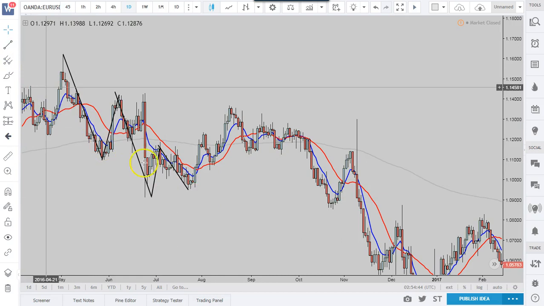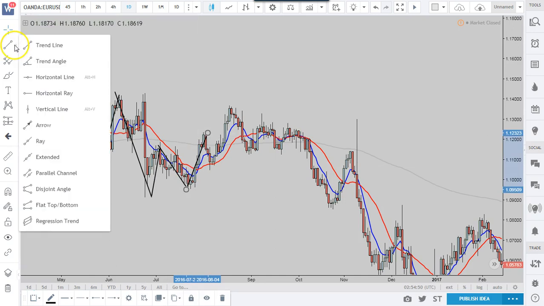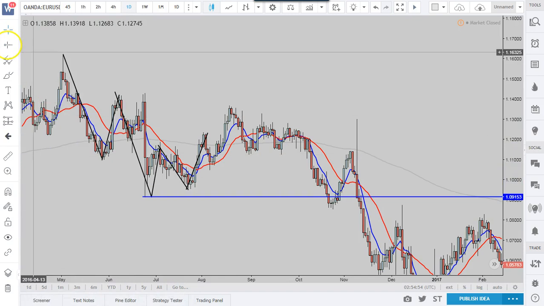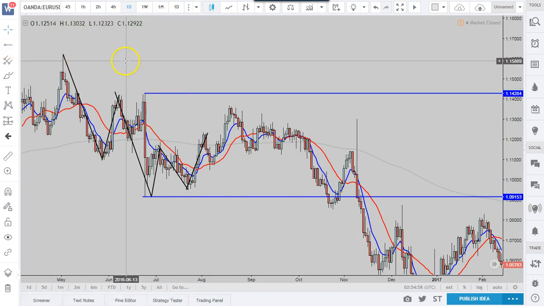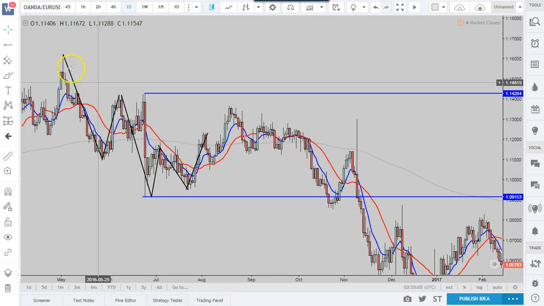But what happened? The market made a correction to the upside. Let me just quickly put this here and then also highlight this. So we had a downtrend, the market was going in a downtrend.